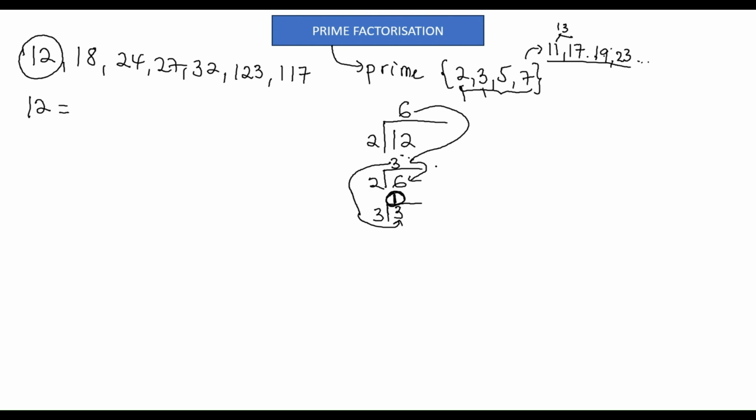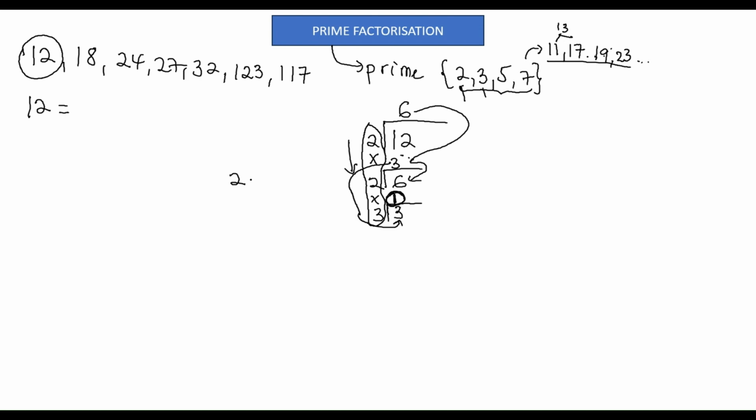Then we choose the perfect prime number that will divide it, going forward. At the end of the day, we look at all the prime numbers that we used to divide. We used 2, we used another 2, and we used 3. So let's write it like this: 2 times 2 times 3.